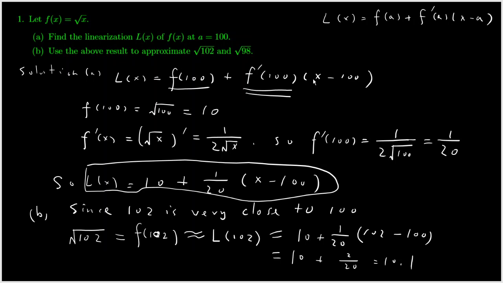In all the cases, you have two numbers to figure out: one is the value of the function at a, the other is the derivative of the function at a. To find the derivative value, you have to differentiate the function and then plug in the number. And then you have a linear function. After getting L of x, you can use it to approximate some values.